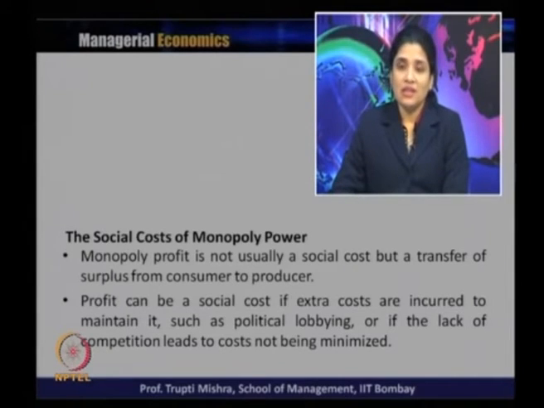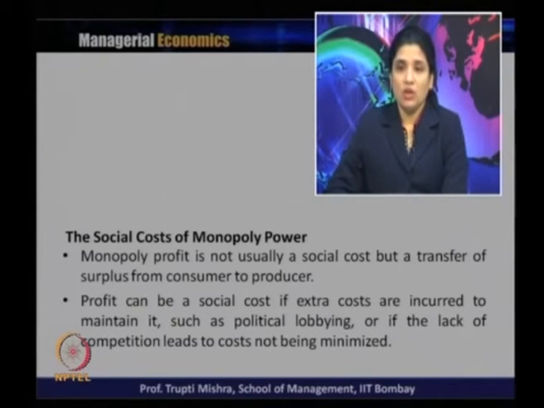So, the social cost does not directly come from the monopoly profit. Profit is not usually a social cost, but a transfer of surplus from consumer to producer, because it takes the surplus from the consumer and moves it to the producer account.